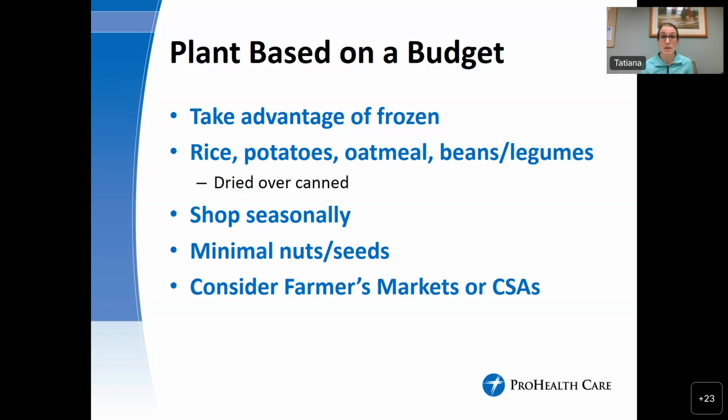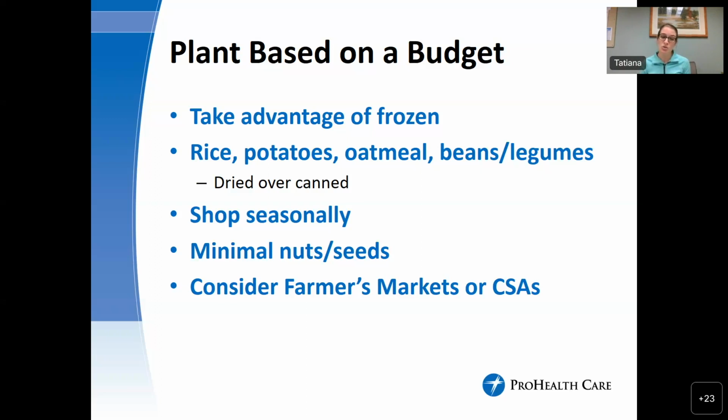Nuts and seeds can be on the pricier side, so it is good that the budget and the recommendations for portions match up, right? We don't have unlimited nuts and seeds that we're consuming on a daily basis following this plan. So being strategic about when we're buying our nuts and seeds, right? Are they on sale? When do we intend to use them? And then proper storage.